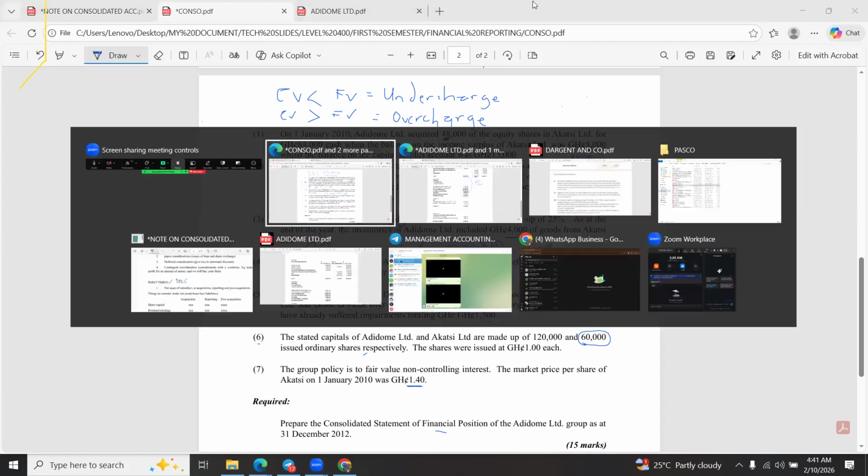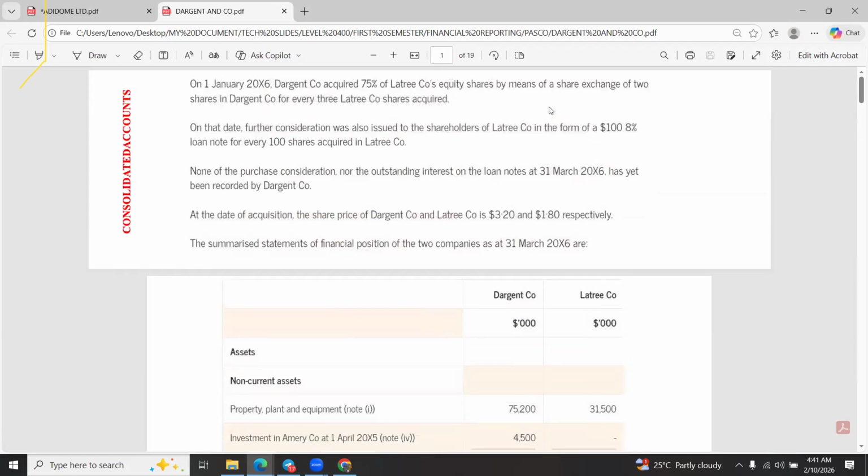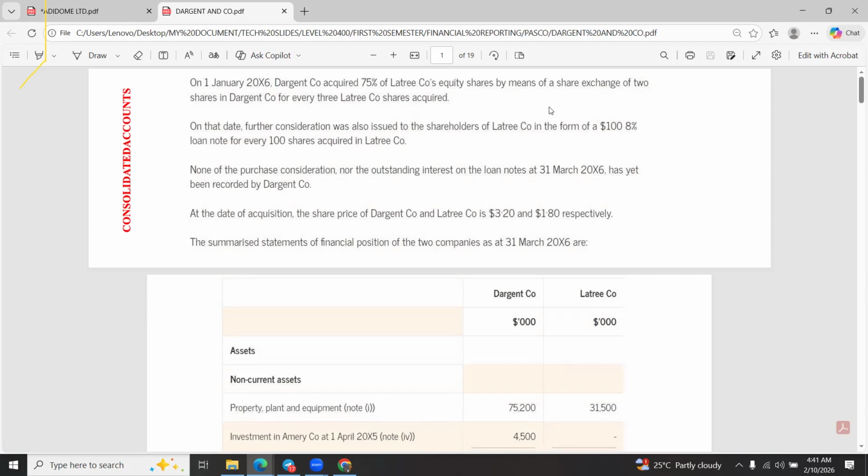This is what over the years they have been experiencing. This question is called Tangent and Latrine. Tangent and Latrine.